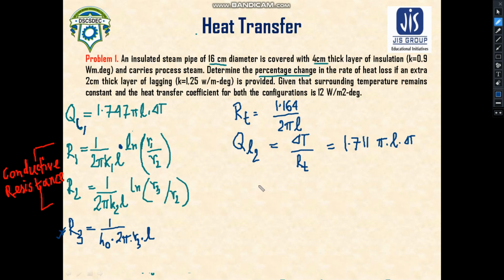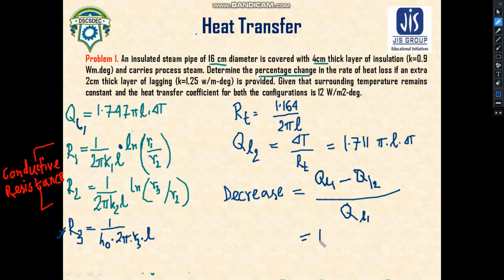So the decrease in heat loss can be calculated simply as QL1 minus QL2 divided by QL1. Pardon my handwriting, but this is QL1 minus QL2 divided by QL1.